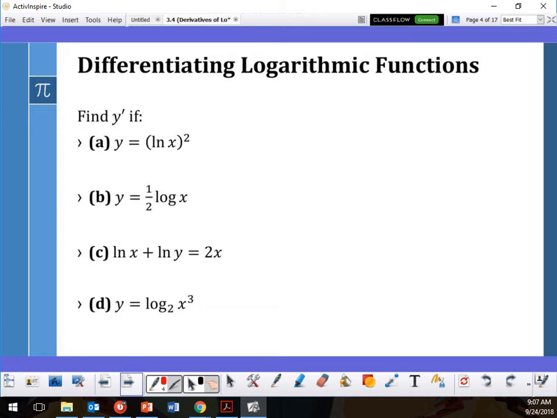So I'd rewrite it as y equals 2 ln x. And now I could actually do the derivative. So y prime equals 2 over x, right? Because 2 is my constant and the derivative of ln x is just 1 over x.